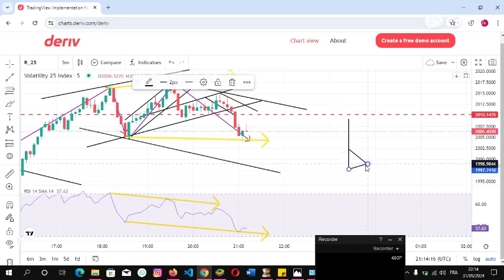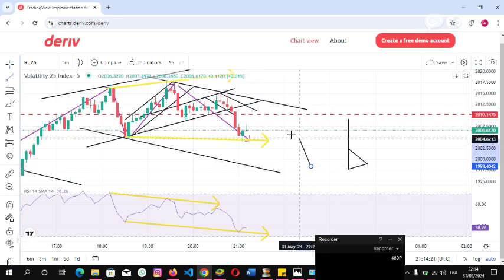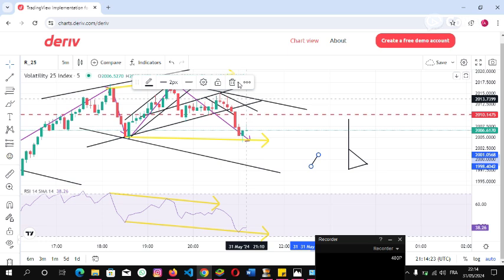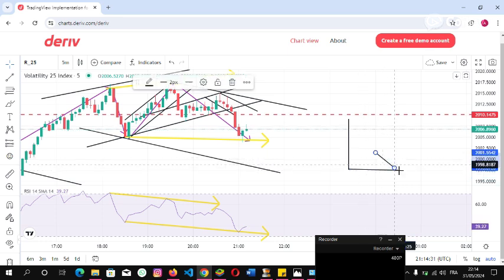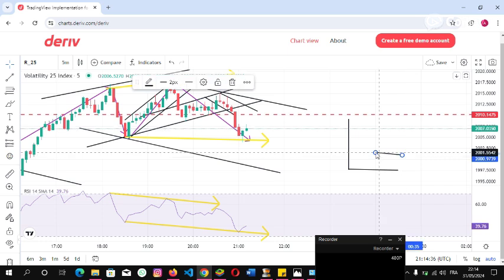The flag can also look something like this. So basically, the flag, let me move this a little bit away from here and modify this a little bit, so the flag can also look something like this. Good. So there you go, you have a flag. So this is the kind of flag you have here. This is what they call the bearish flag.